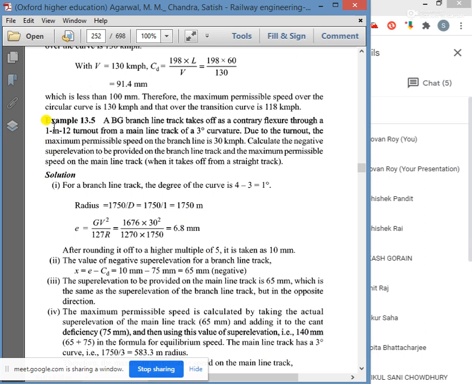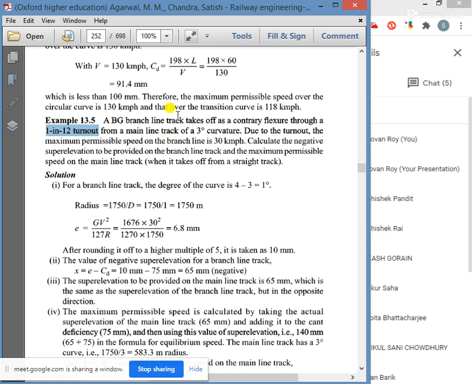I think this book is available to you. The question is: a broad gauge branch line track takes off as a contraflexure through a 1 in 12 turnout. A 1 in 12 turnout is one type of turnout, where your branch line takes off with contraflexure from the main line.